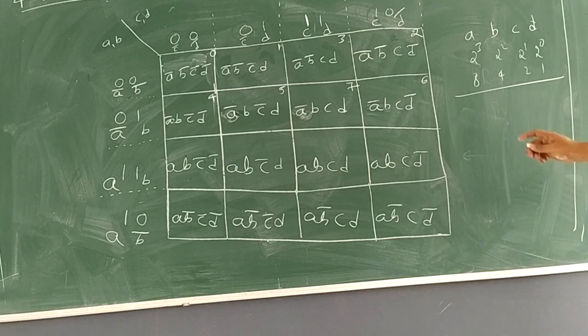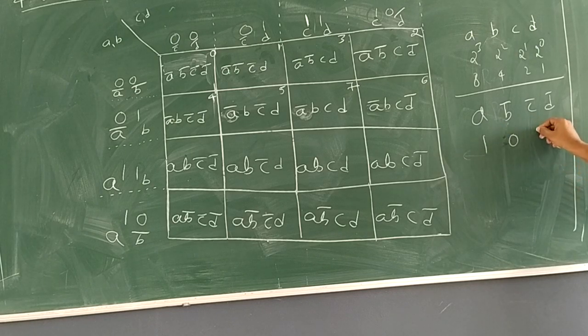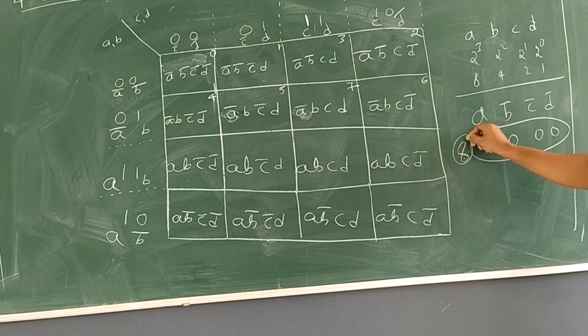So now if you write A, B complement, C complement, D complement, what is the representation? 1, 0, 0, 0. So this value is 8.